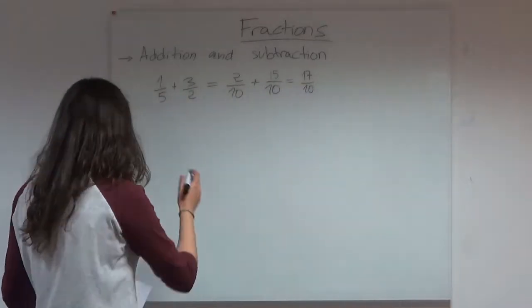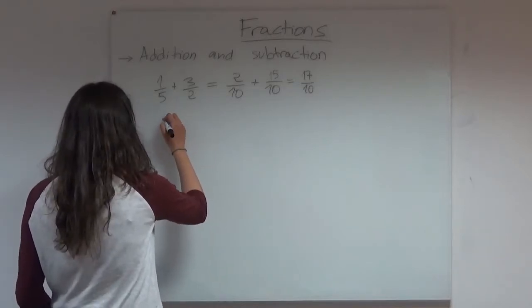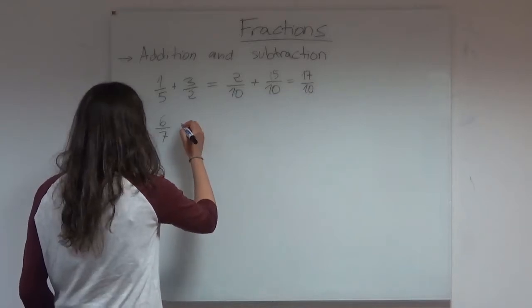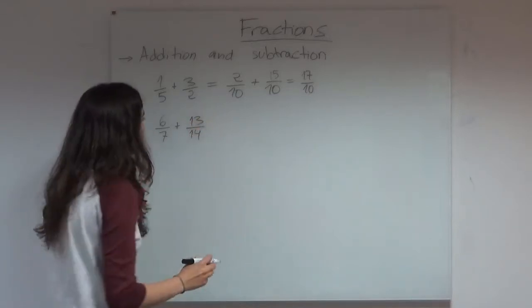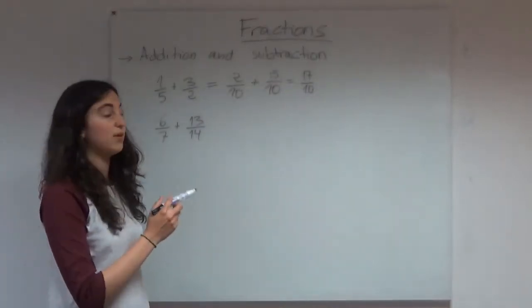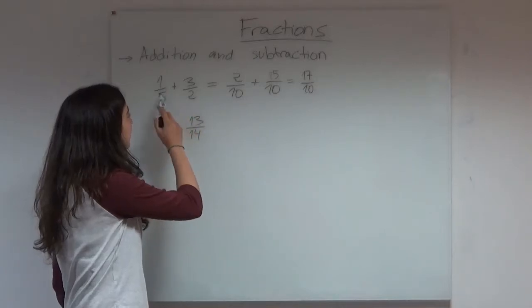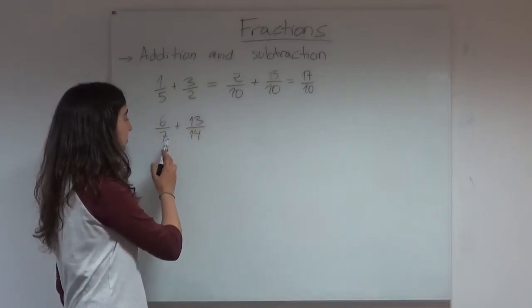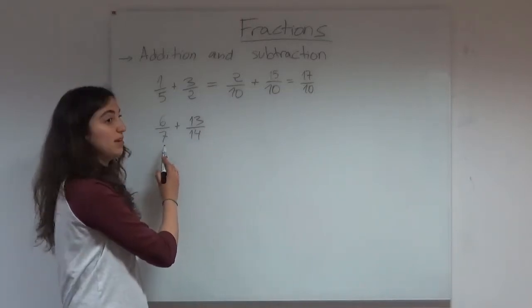And in another example, we can get 6 over 7 plus 13 over 14. So in this case, for the lowest common multiple, it wouldn't be the multiplication of both denominators, because we have a common factor, which is 7, because you can see that 14 is just 7 times 2.